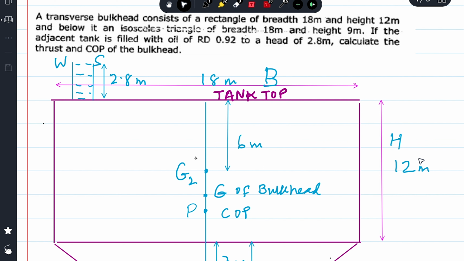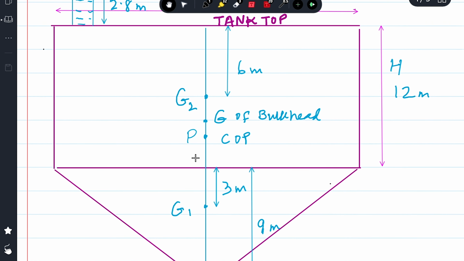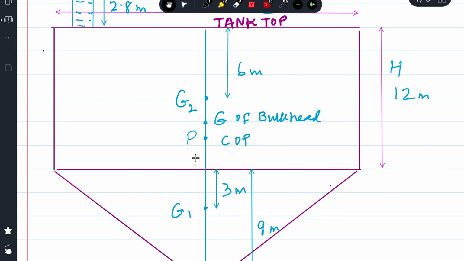We have an isosceles triangle below the rectangle. The depth of the triangle is 9 meters. Breadth is the same as the rectangle because it is just below the rectangle.